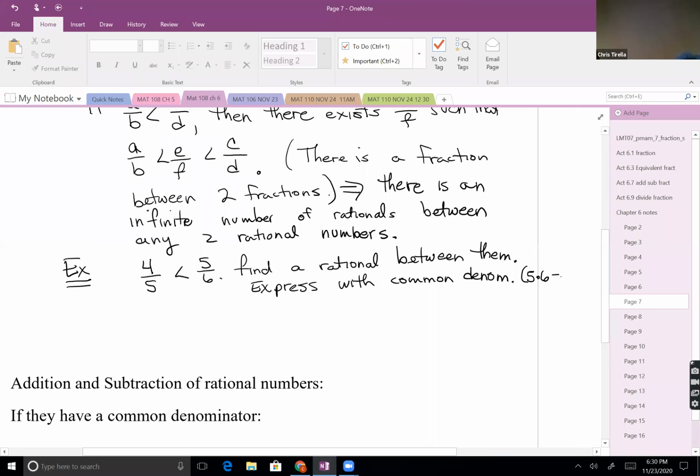Couldn't we always use 5 times 6 or 30? And so where I have that 4/5, if I multiply numerator and denominator by 6, that would be 24 over 30. And if I have that 5/6, if I multiply numerator and denominator by 5, that would be 25 over 30. So 24 over 30 is less than 25 over 30. But I still can't fit anything in between them.